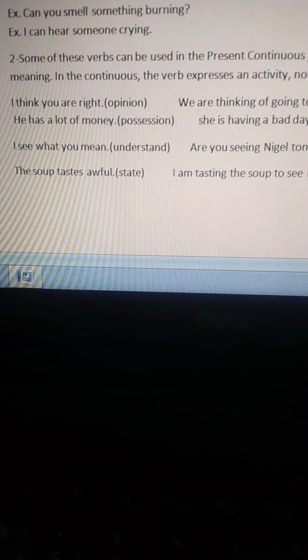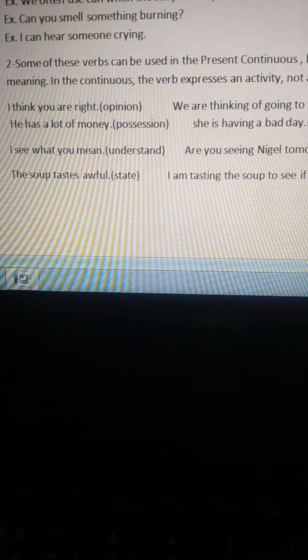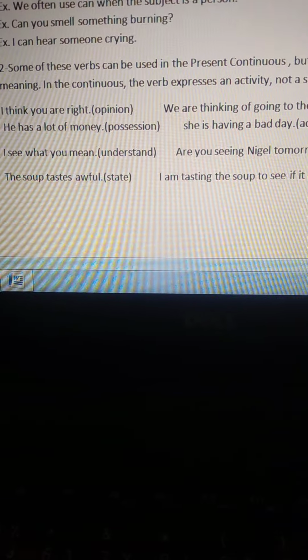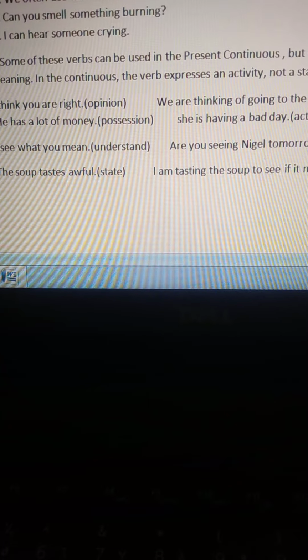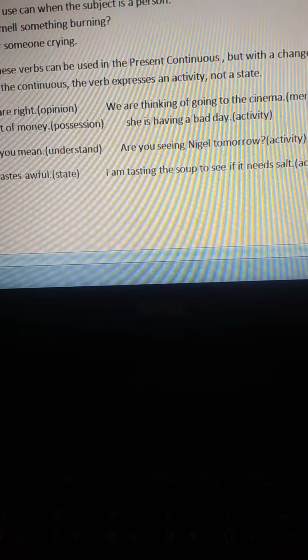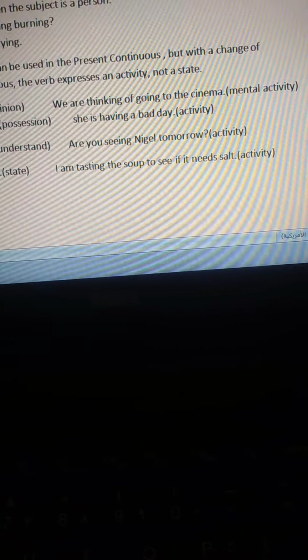Example: I think you are right. Opinion. We are thinking of going to the cinema. Mental activity.